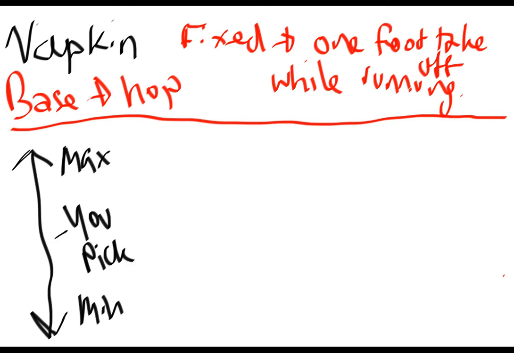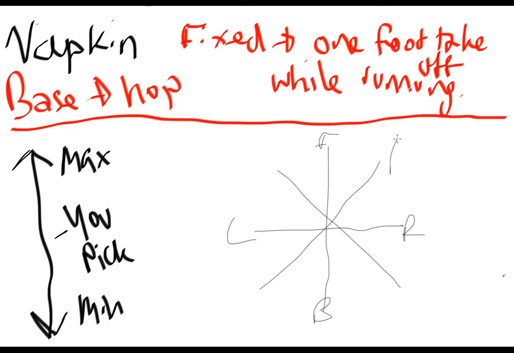So let's take this floor map and put our cross in there, so we have forward, back, right, left, and then intersections: forward right, back right, back left, forward left.